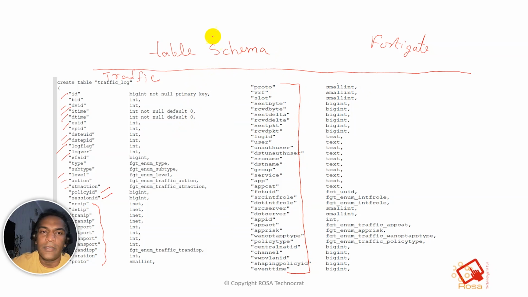For example, when you are writing your query, you just want to select policy ID. You want to get the policy ID from where? From $log where policy ID equals 2, for example.